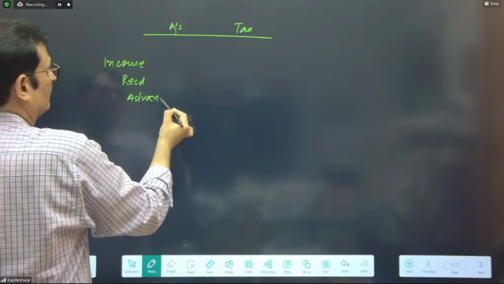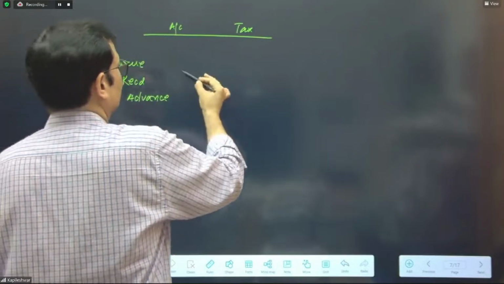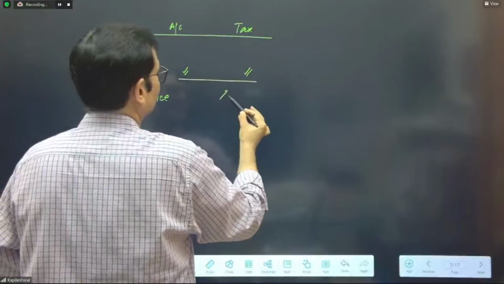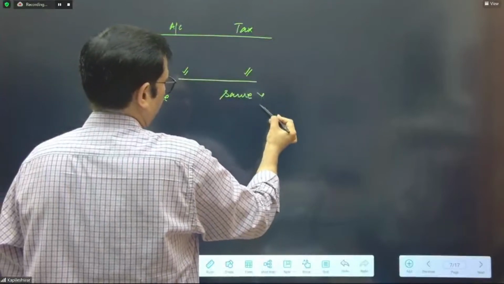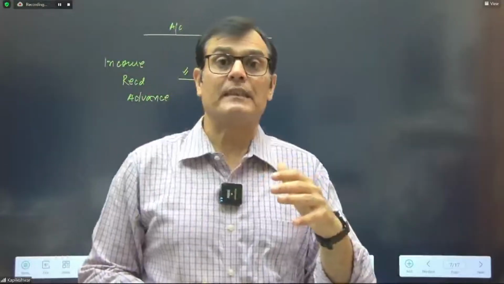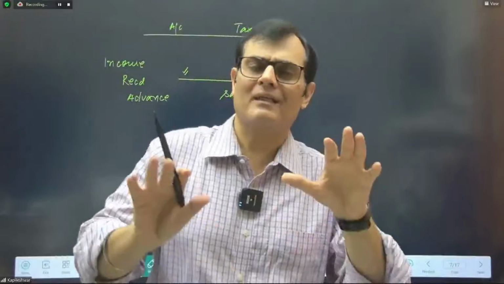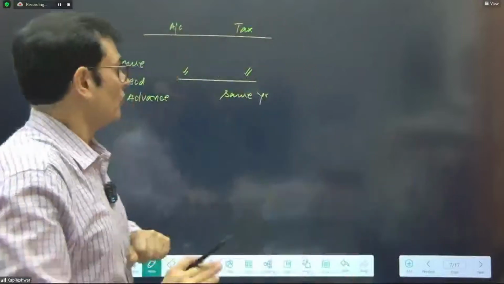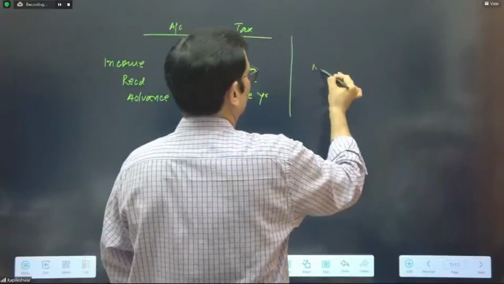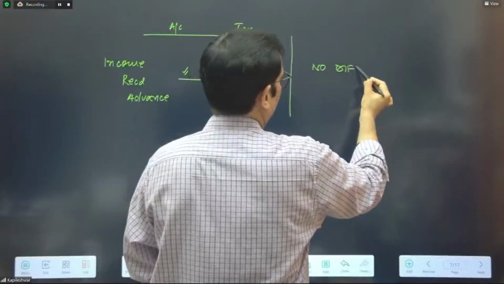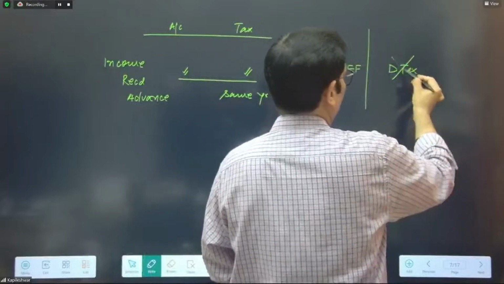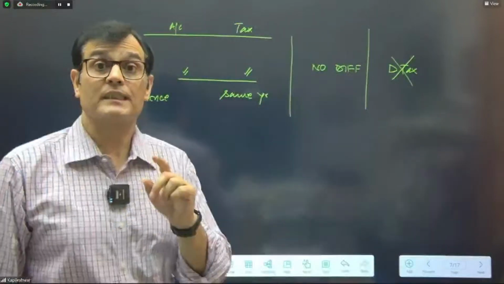It is taken in accounts and in tax in the same way. I know we don't consider advance income in accounts in the same year, but let's assume you took it in both books simultaneously. Is there a difference? No difference. Would deferred tax consequences arise? No, because it is taken in the same year.